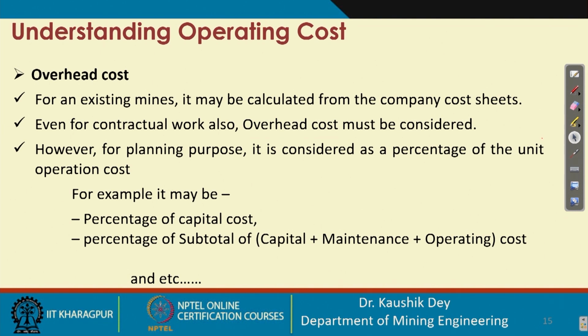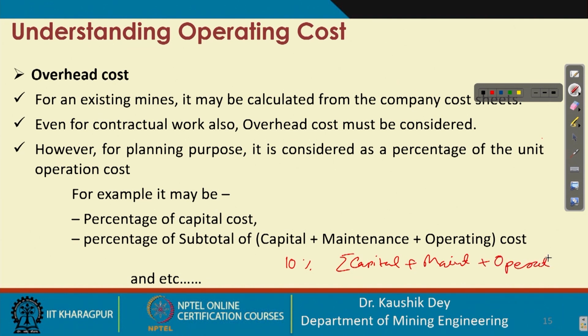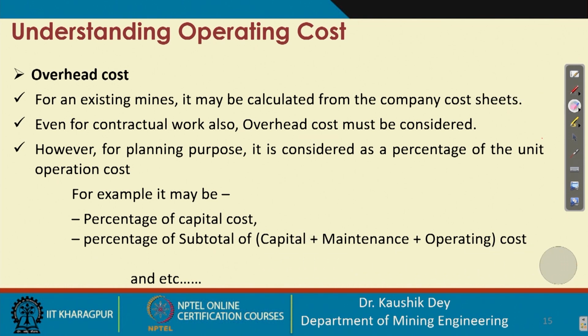Generally I prefer to use 10% of the summation of capital plus maintenance plus operating. So, the summation of these three costs may be considered as the basis for calculating the overhead cost.